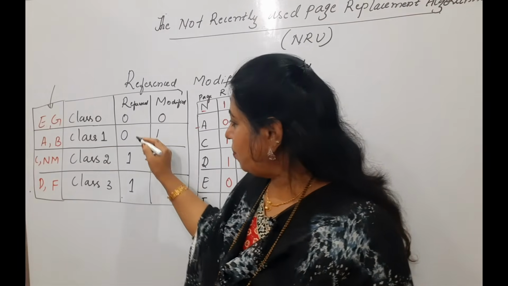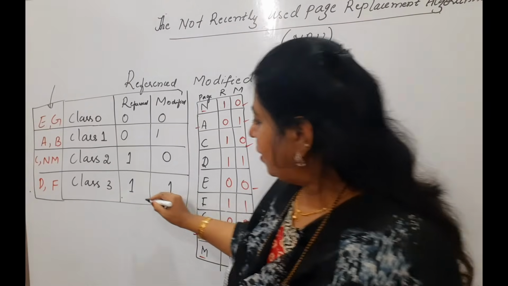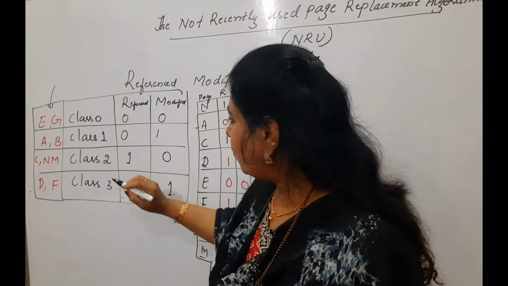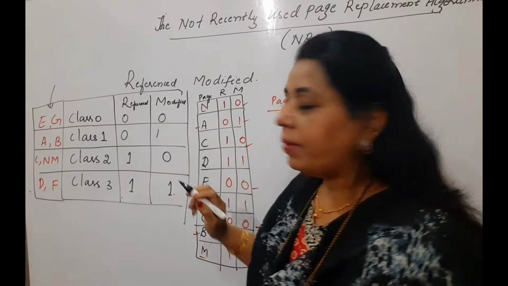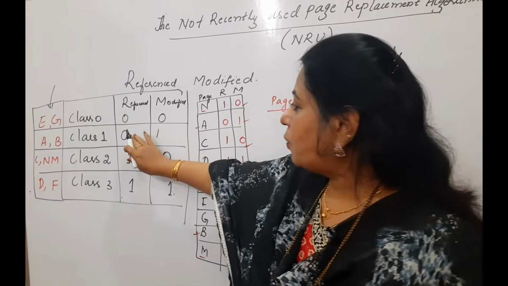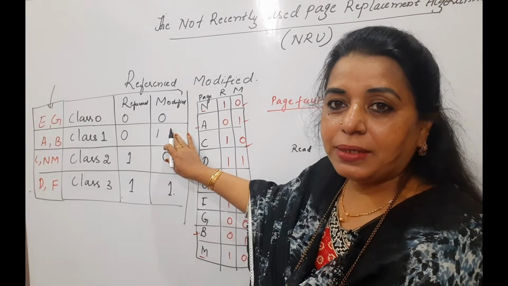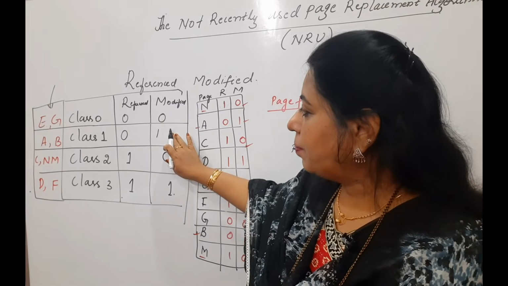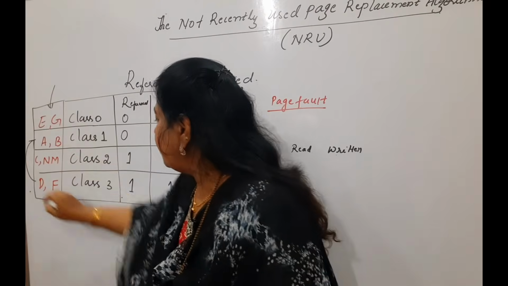And you can notice one important thing here. Class 1 has reference bit 0 and modified bit 1. How is it possible? Without being read, it is modified. This seems very surprising, but it is possible because class 1 results mainly from class 3.